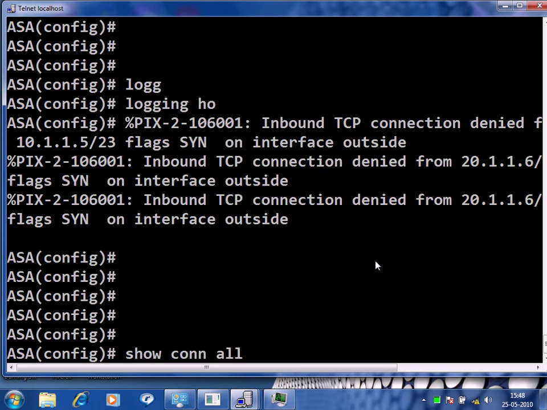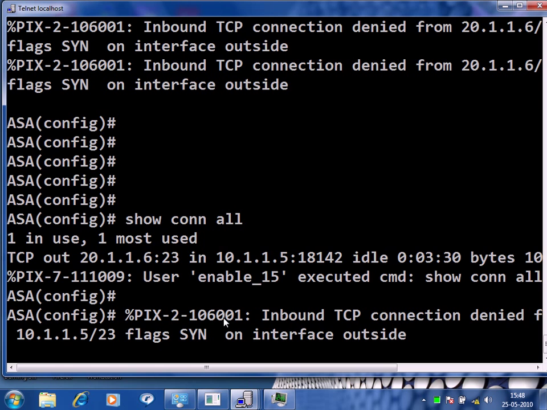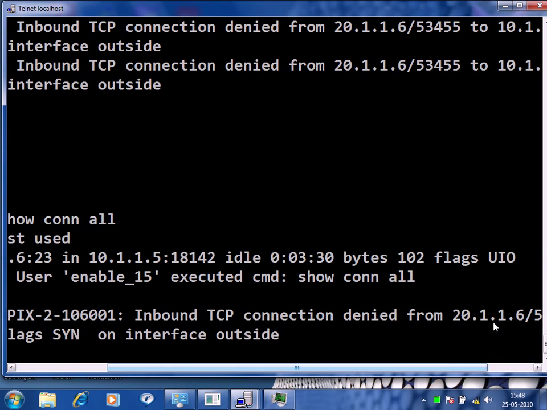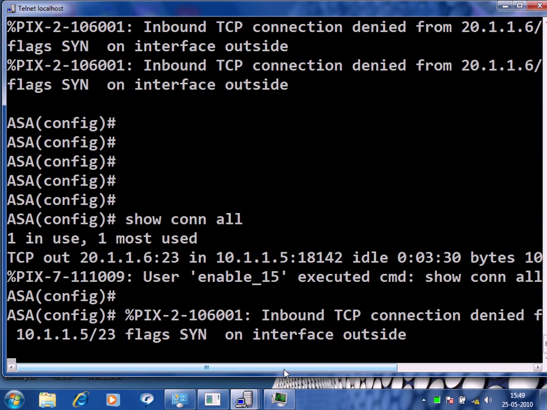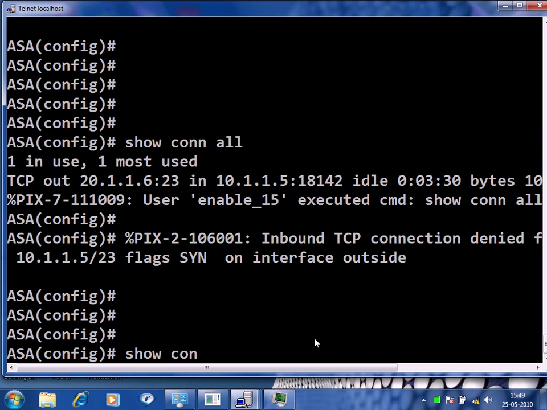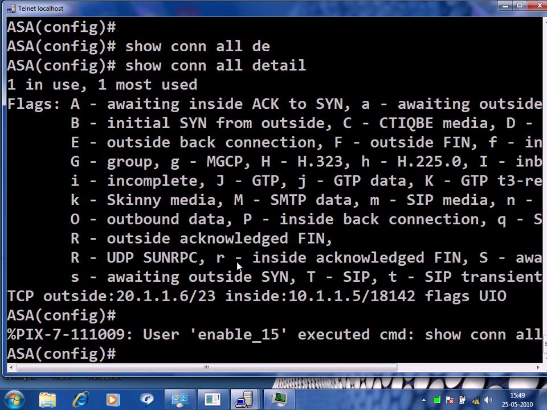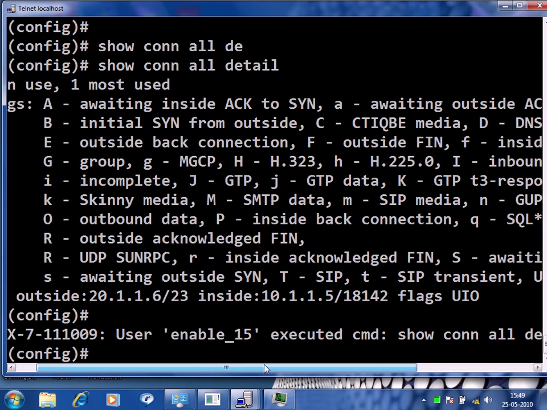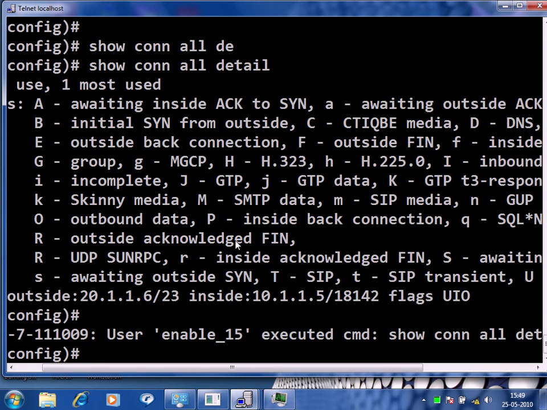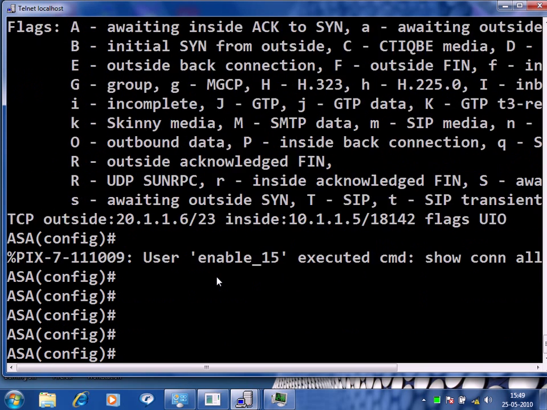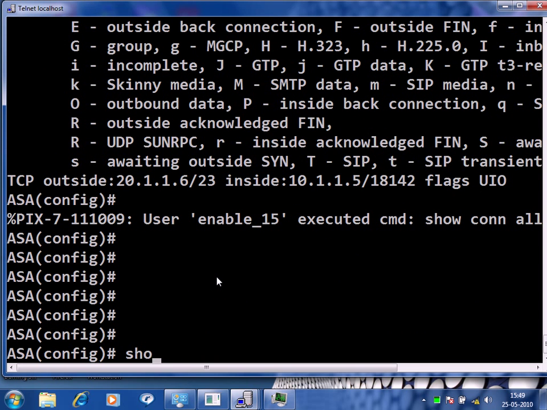So connection all detail, and by looking at these switches you will come to know whether it's initiated from inside or outside. If it is a half open connection, you can check with the command show local-host.